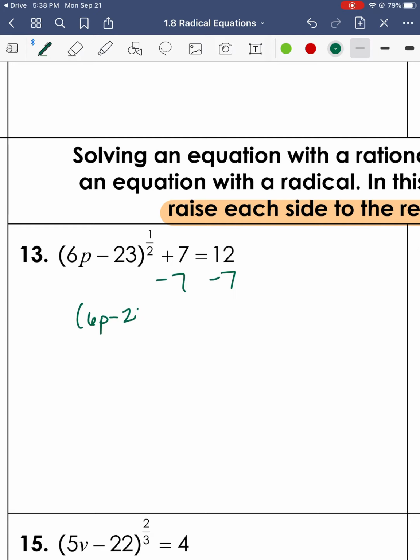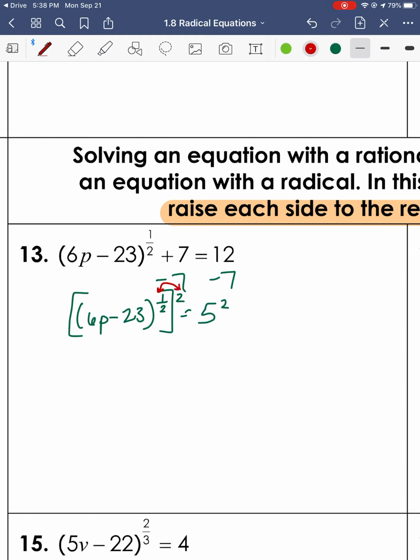Then we have 6p minus 23, still being raised to the 1/2, is equal to 5. And then we're going to take each side and raise it to the power of 2. So we're going to square it. From our exponent rules, when you take the power of a power, you multiply the exponents together.